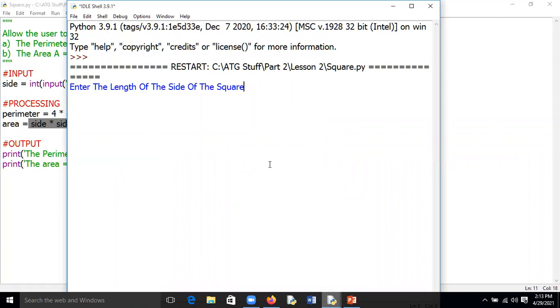Let's go and put in 5. So if we enter 5, 4 times 5 is 20. That's our perimeter, and 5 times 5 is 25. And there you go. But it doesn't really look very user-friendly.